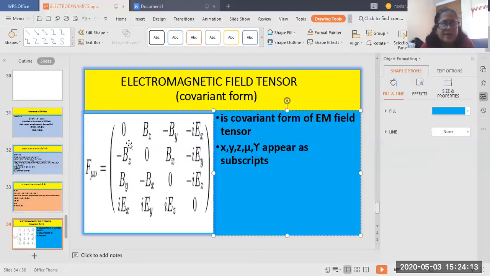But what is the condition? Each element's value is decided by some law, and the law is common to all these 16 elements. You cannot write different laws for different elements. All 16 should follow the same law. Then only we can call it F mu nu.